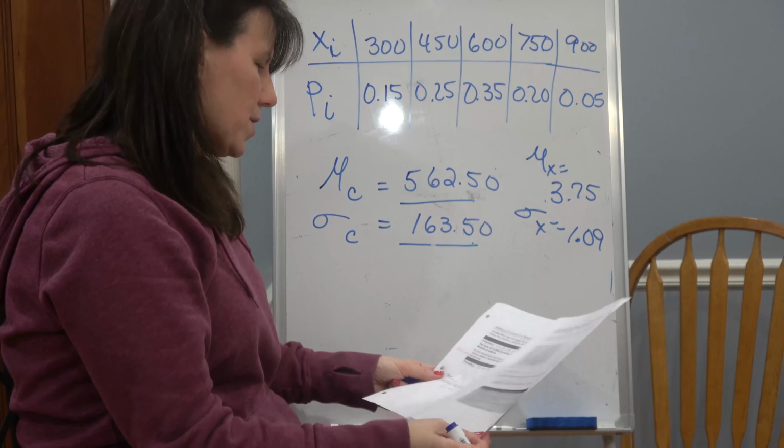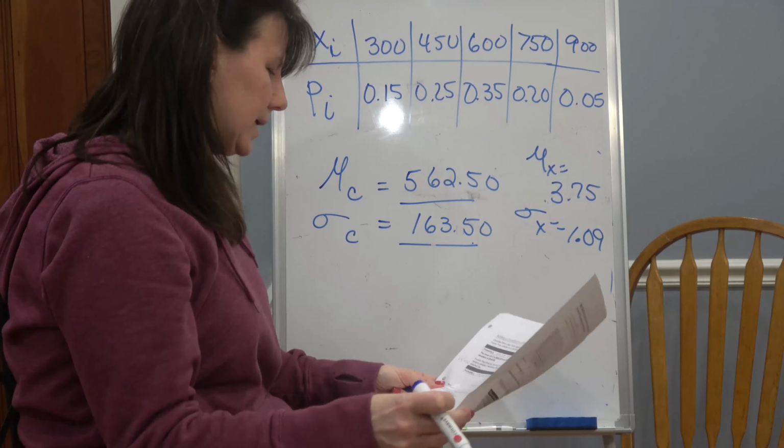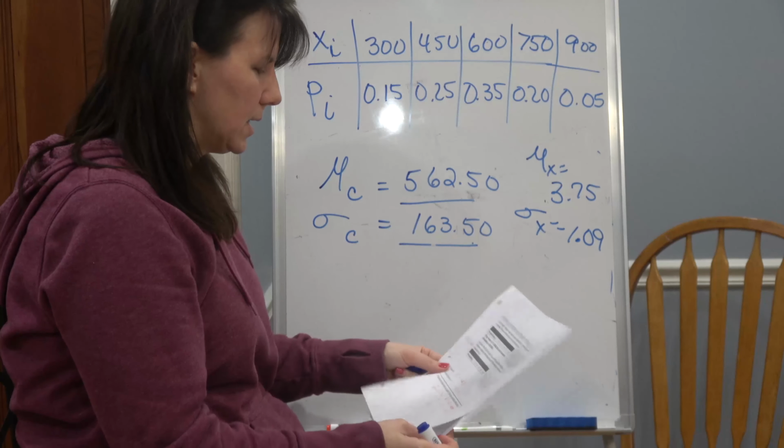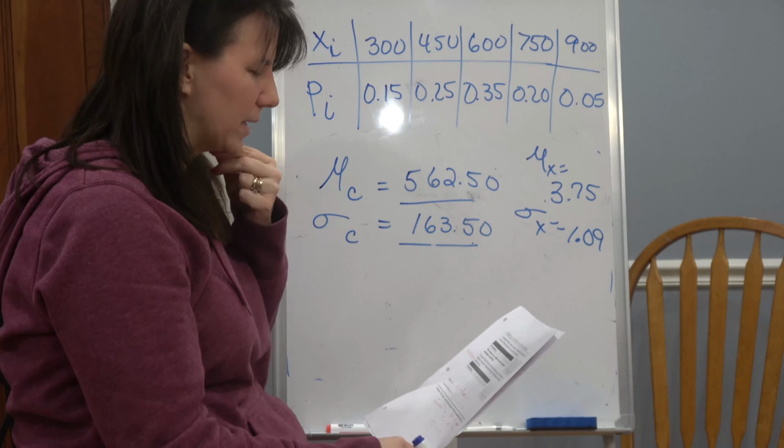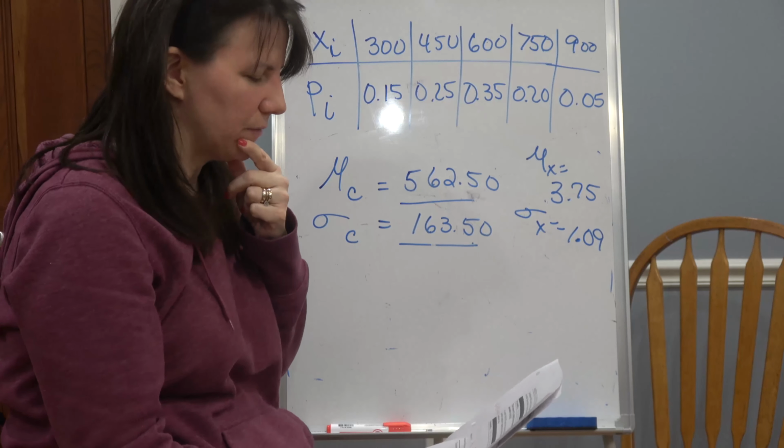Okay. For the next problem, it says what happens when you add a constant to a random variable.